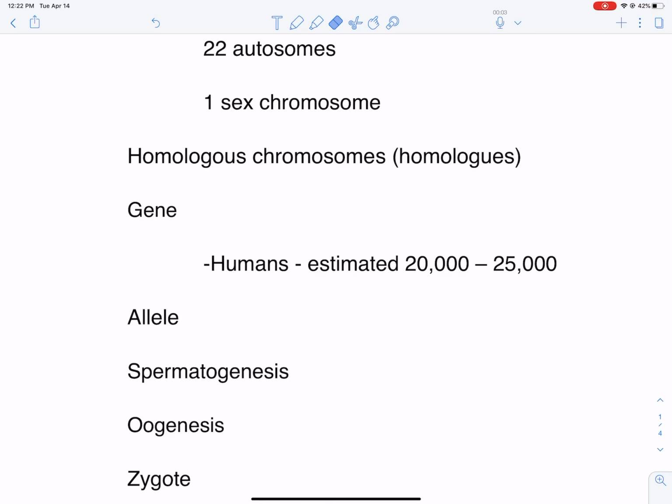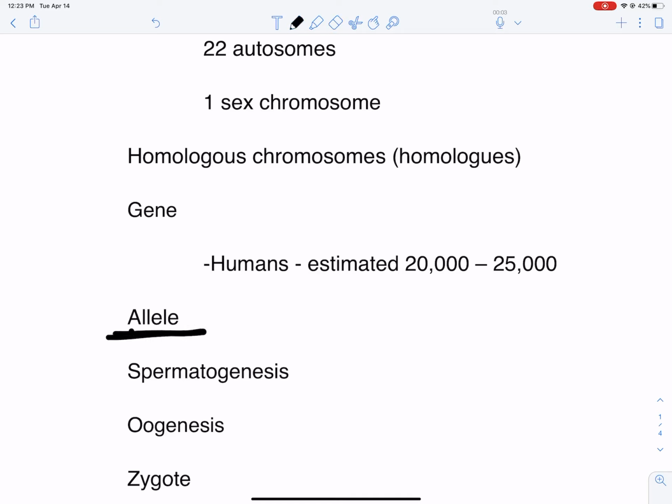What's a gene? The genes are the traits that are on the chromosomes. In humans, it's estimated that we have between 20 and 25,000 different genes. So your hair color, your eye color, your height, your hitchhiker's thumb, your widow's peak, all of those things are genes.